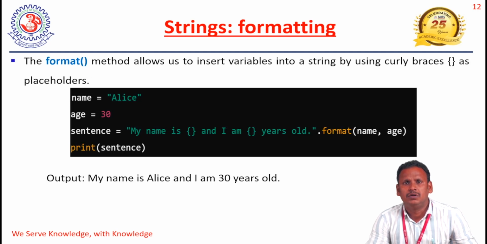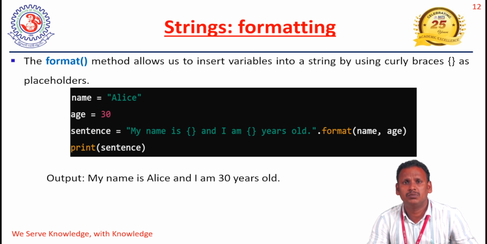And then string formatting. String formatting is very, very useful, so you have to use it frequently in your programs. What string format will do is, according to your requirement, it will customize your string while displaying it on the screen. Here I am taking an example, name equal to Alice, and age equal to 30.